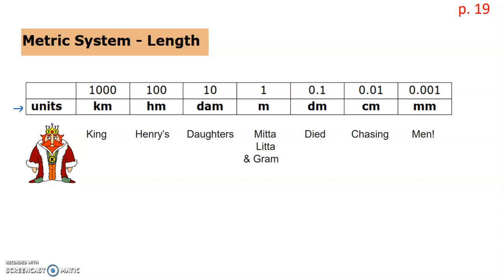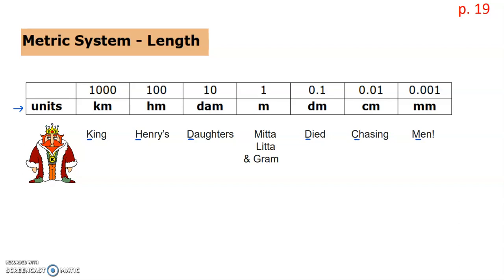But this metric line encompasses not only meters, but also liters and grams. And there's a funny saying that goes based on the first letter to help us remember the metric line. King Henry's daughters, mita, lita, and gram, which stands for meters, liters, and grams, died chasing men.